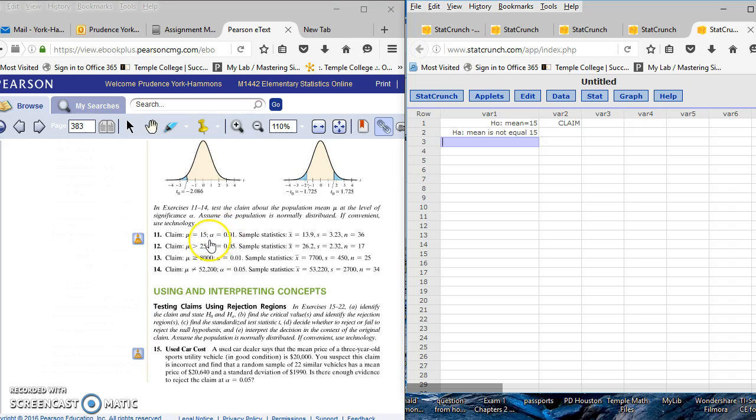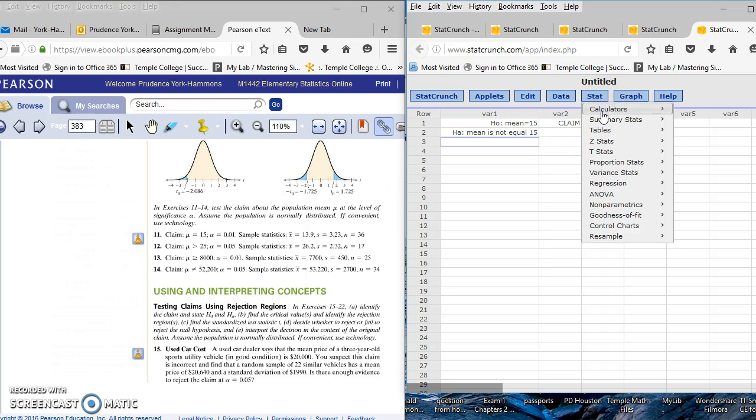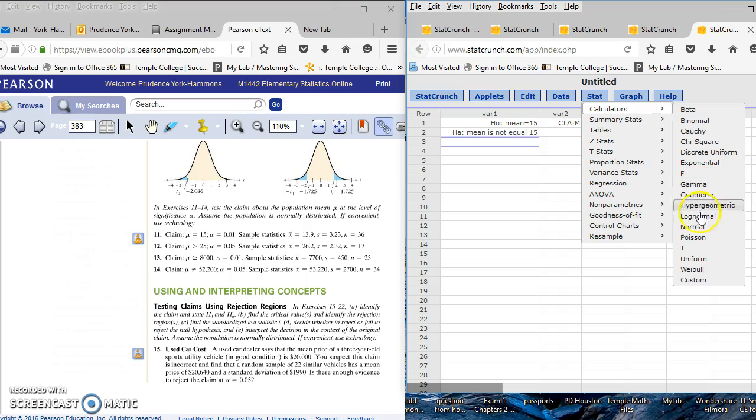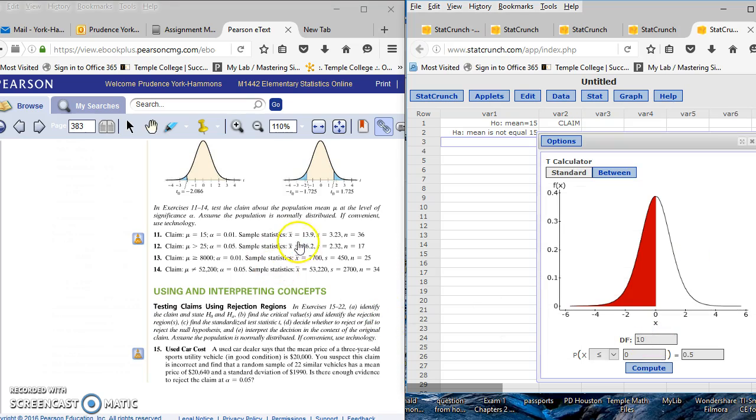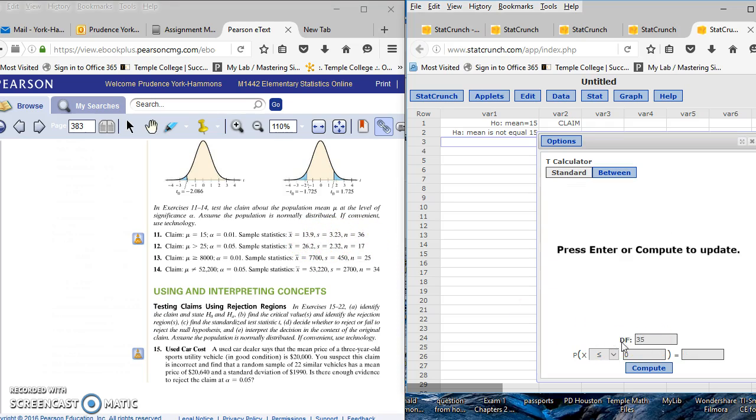Now, alpha is 0.01. So we can find t sub O. It's actually the critical value like we saw in questions 9 and 10. And I have to use the calculators, in this case a t calculator. Since n is 36, my degrees of freedom would be 35. Alpha is 0.01.